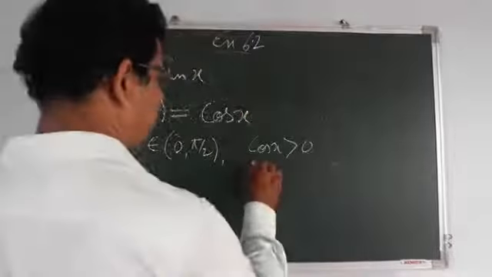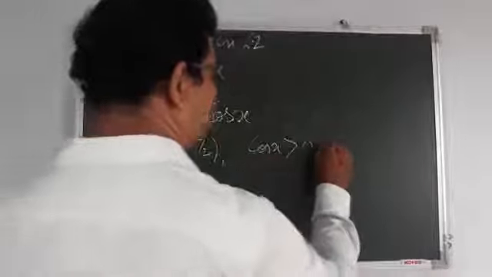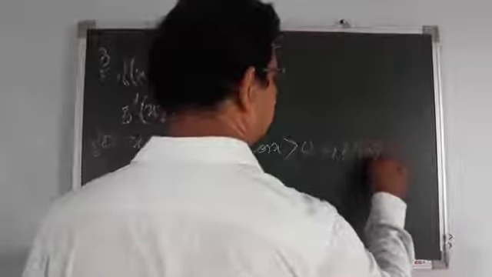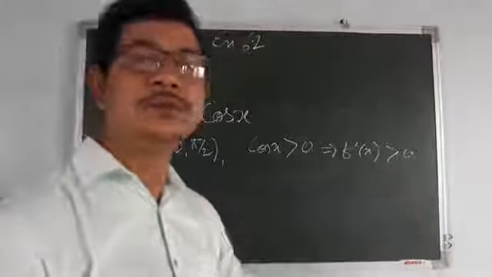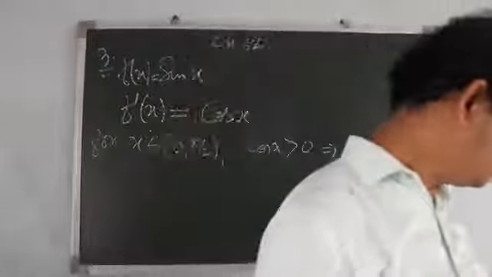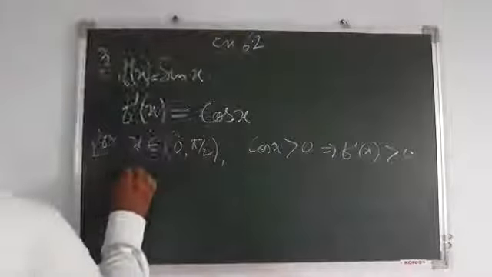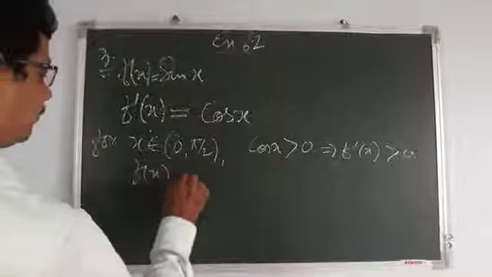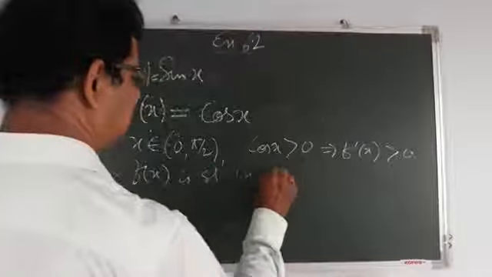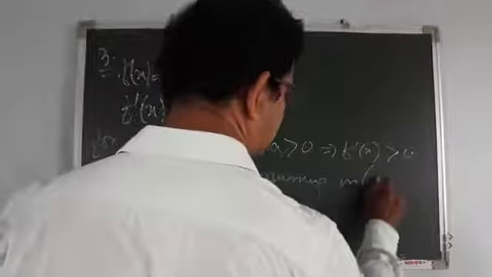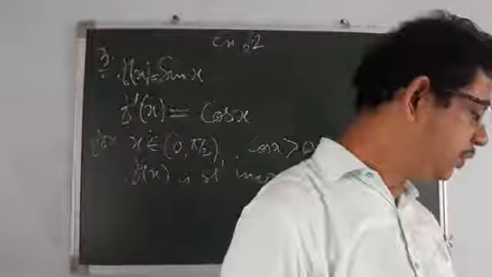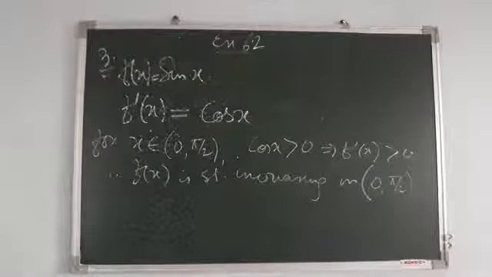So f dash x is greater than 0 for that interval. Therefore f(x) is strictly increasing in the open interval 0 to 90. So we get the first one.